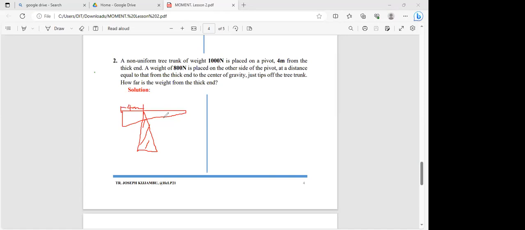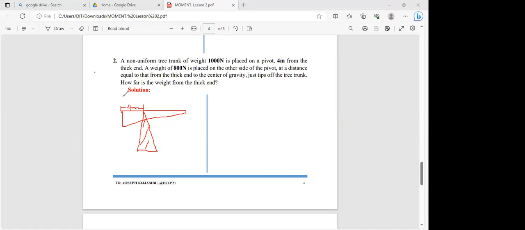So the center of gravity is a point where the weight will act. But that weight cannot be in the middle, because now this one is not a uniform end.